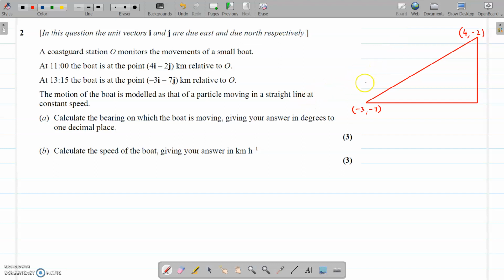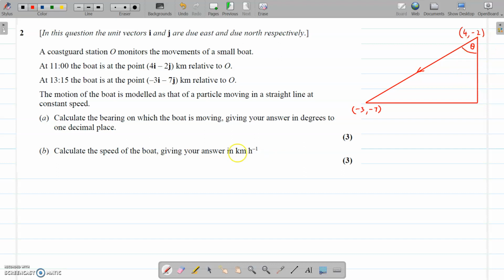Okay, it says that we have to first of all calculate the bearing on which the boat is moving. Well, it's moving in this direction, so it's sort of going southwest. So the bearing is going to be made up of 180 degrees plus this angle here, which I'm going to call theta.